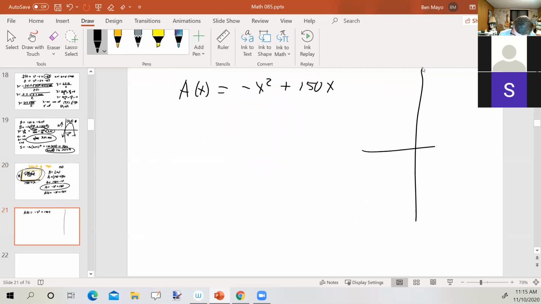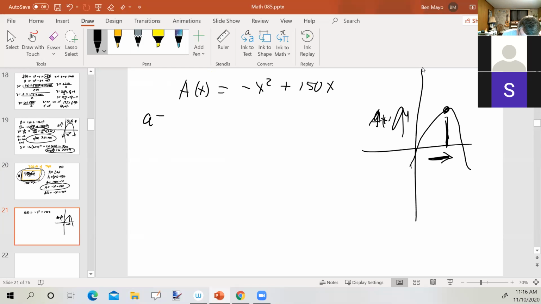If I were to graph that thing, again, it would be a parabola that would open downward. This would be x, which is one of the distances, and this would be A of x, which is the area. So the maximum area is the maximum value of the parabola, the y value of the vertex. And the corresponding x value would be the distance involving x.